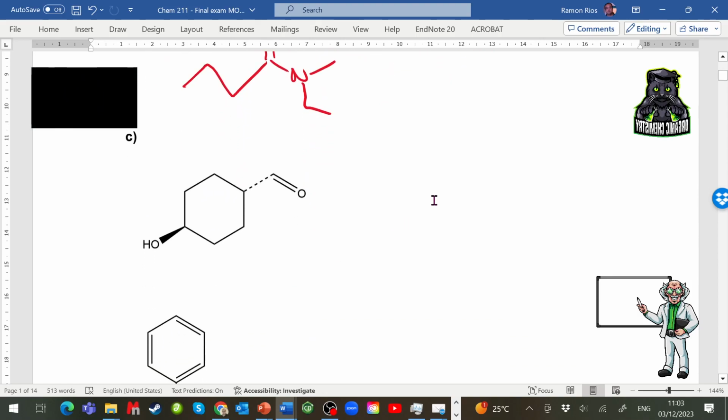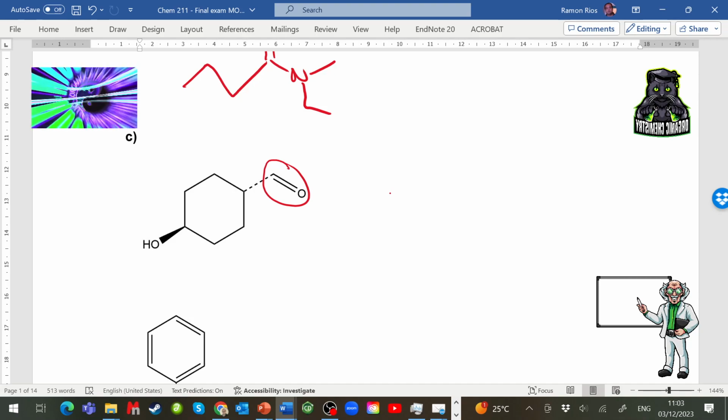Okay, in this case we have this compound. This is an aldehyde bonded directly to a ring. That means that, in order to name it, we have to name the ring and then put carbaldehyde. If we name the ring, this will be a 4-hydroxy.